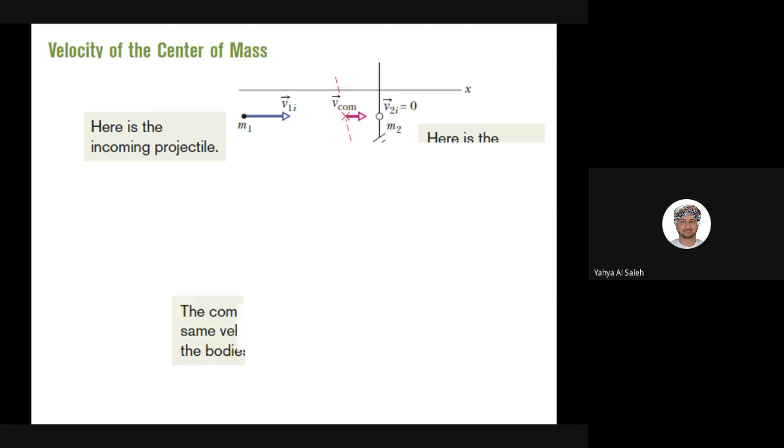If we consider them as one system, let's look at the velocity of the center of mass. This is the incoming projectile, this is the stationary ball, and this is the center of mass. Look at what happens to the velocity of the center of mass.